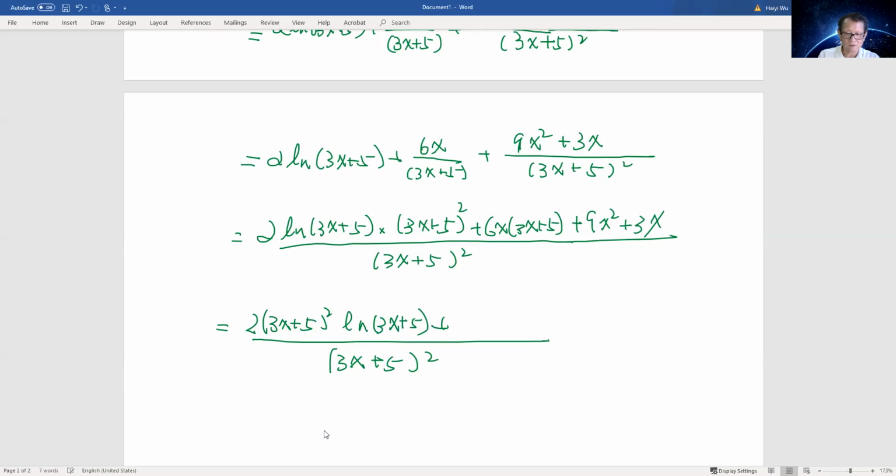Expanding brackets, it'll be 18x squared plus 30x plus 9x squared plus 30x.